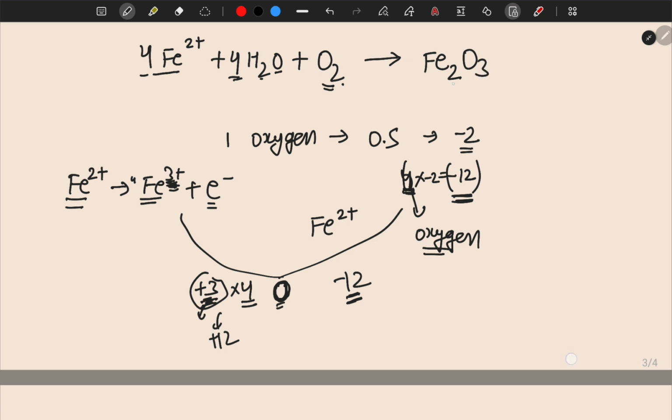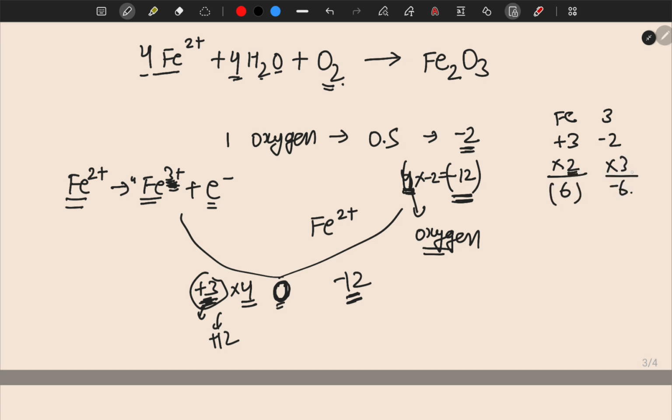Now you must have a question: why 2 here and why 3 here? Because Fe has +3 valency and oxygen has -2. Multiplied by 2, you get +6, and multiplied by 3, you get -6.